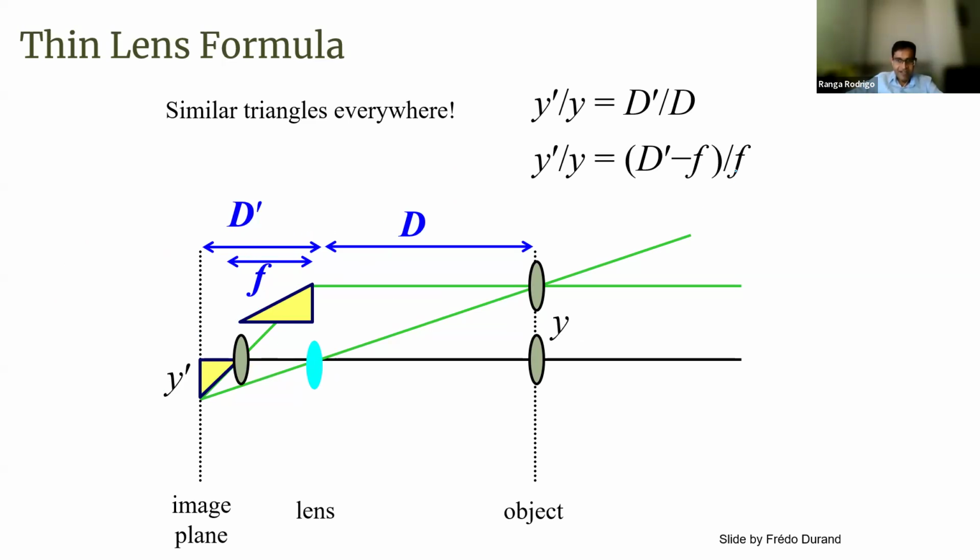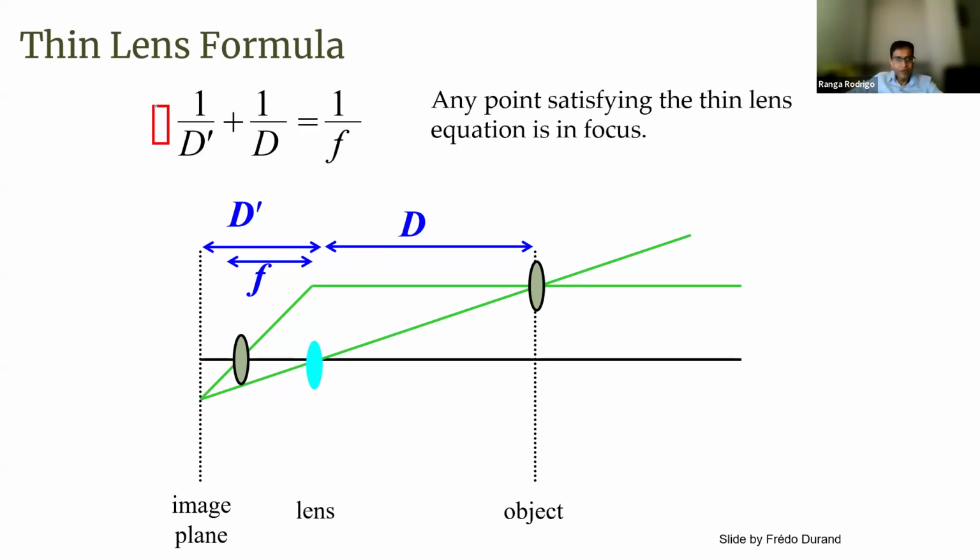These two triangles give you this formula: 1 over d prime plus 1 over d equals 1 over f. d prime is the image plane to the lens, and d is the lens to the object. As you know, this is called the thin lens formula, which we did in the O levels.